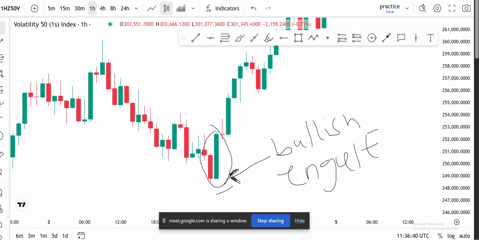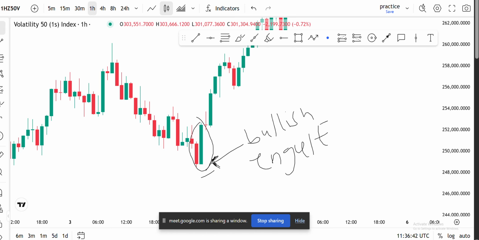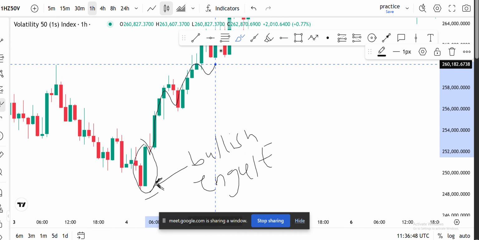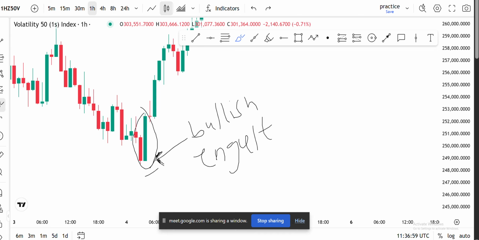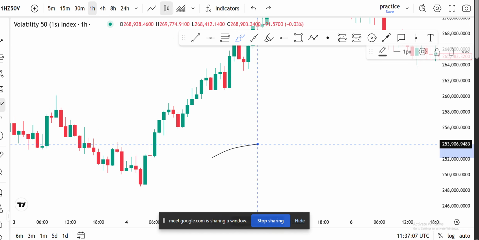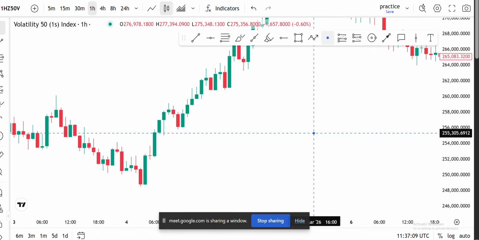Now you see the way it reacted to the market. Little pullback and went up. You get it now? Okay, now let's look for another one.